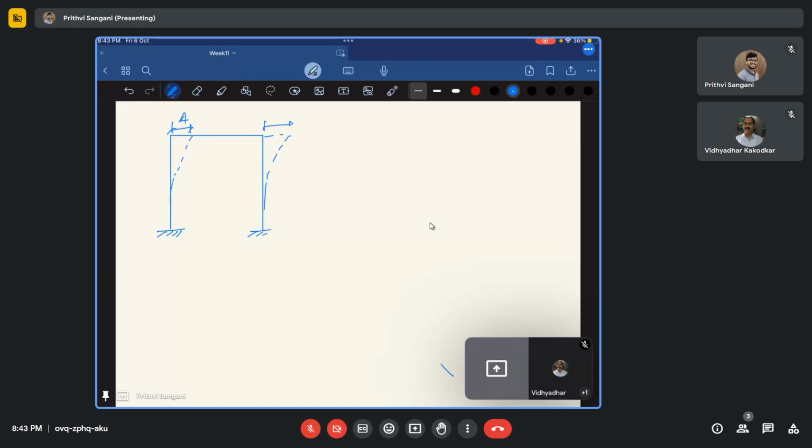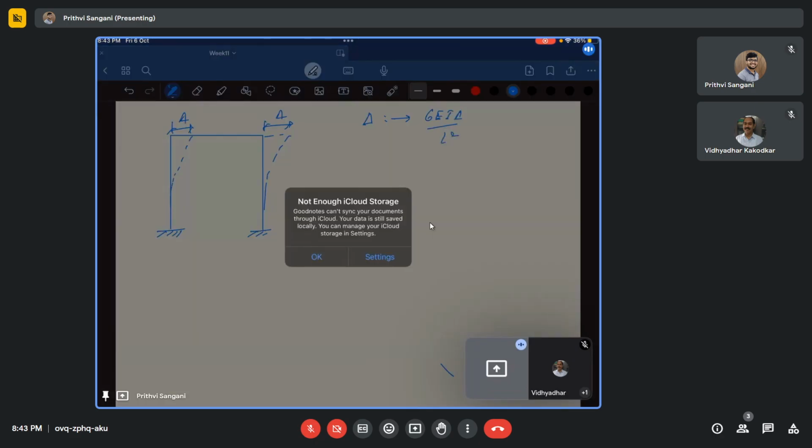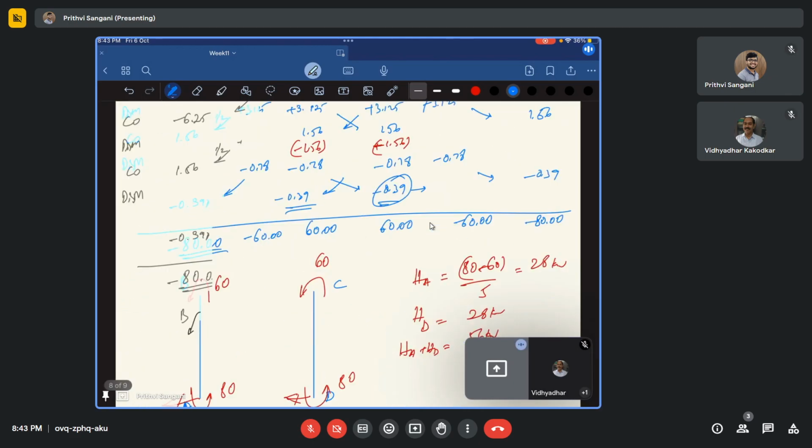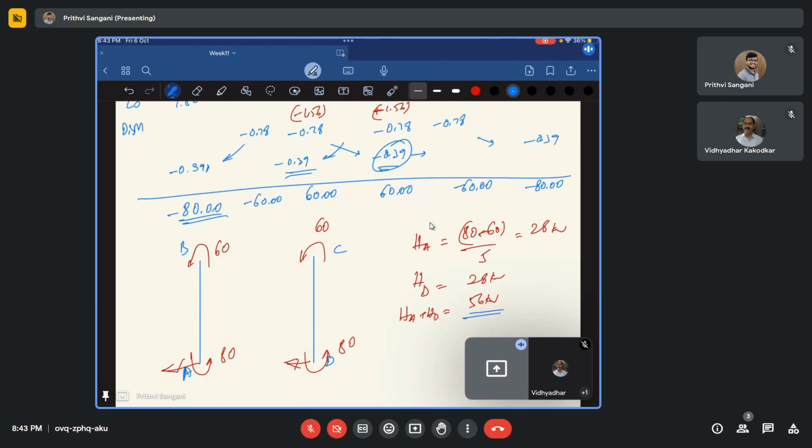Because of this delta, this delta is actually giving you 6 EI delta by L square moments, and what we have assumed is 100 kilonewton meter. So for a moment of 100 kilonewton meter, it is generating a net horizontal force of 56.